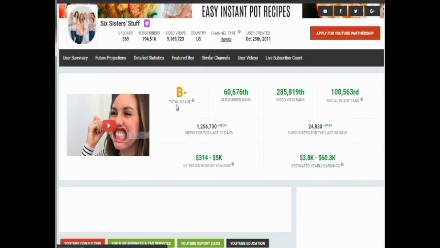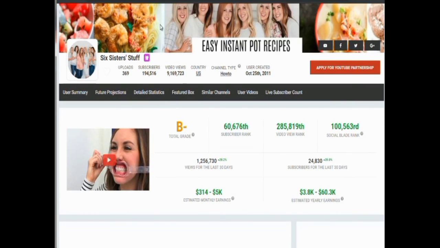So right off the bat, we can see that if we were to rank on the keyword Instant Pot, it's going to take a lot to break through. But the way we can break through is by using essentially subcategories of that keyword. So Instant Pot recipes or Instant Pot chicken recipe, stuff like that. We can see that each one of these has about 100 to 200,000 subscribers.